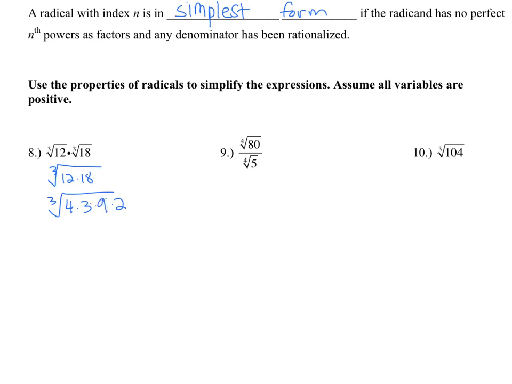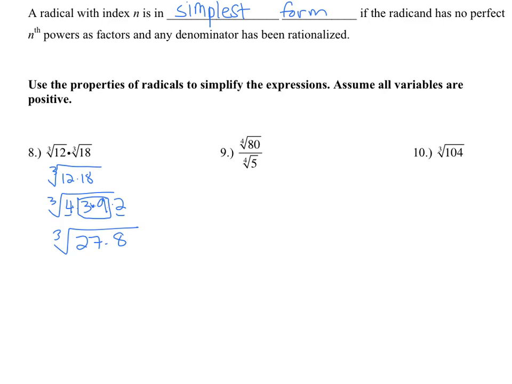And so I see right away, before I even break it down any further, I've got 9 times 3, which is 27. So I can think of this as the cube root of 27 times 4 times 2, which is 8. Well, those are both perfect cubes.